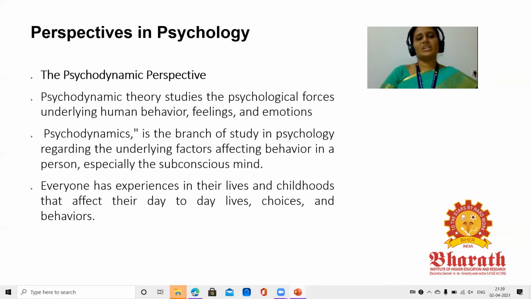It's a branch of study in psychology regarding the underlying factors affecting behavior in a person, especially the subconscious mind. That is, we have some experiences in our lives, childhood experiences, and daily experiences which go through our mind and affect our behavior in a certain way. That is called the psychodynamic perspective.